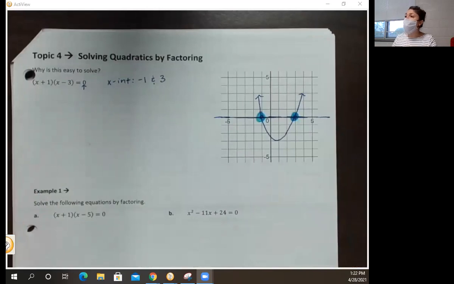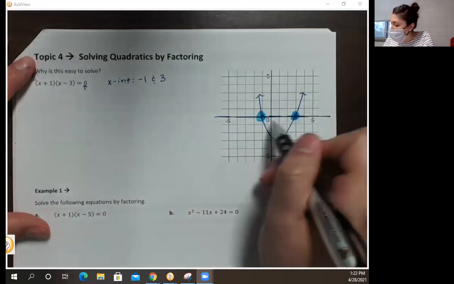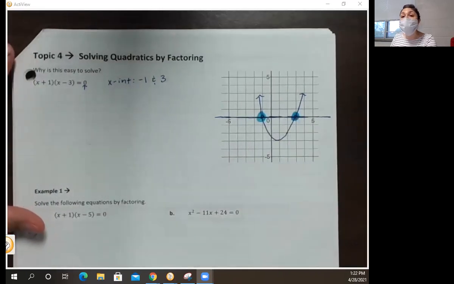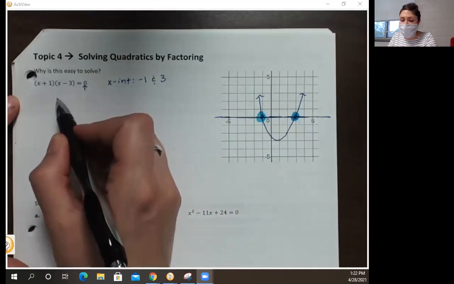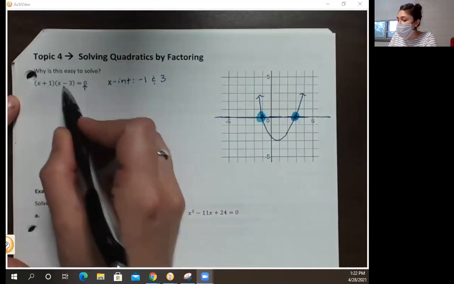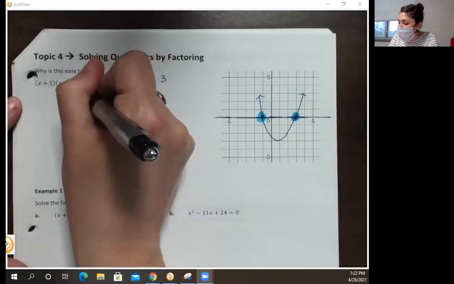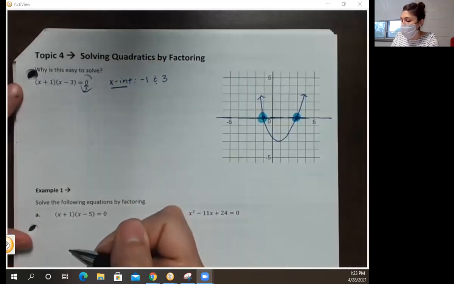And that's something that we talked about when we were solving by graphing. When we're equal to 0, our solutions are going to be the places where we hit the x-axis, our x-intercepts. So even though we don't have vertex form to be able to get a great graph of this thing, with just intercept form giving me the x-intercepts, I can solve this because I want to know when it's equal to 0, and those are the x-intercepts.